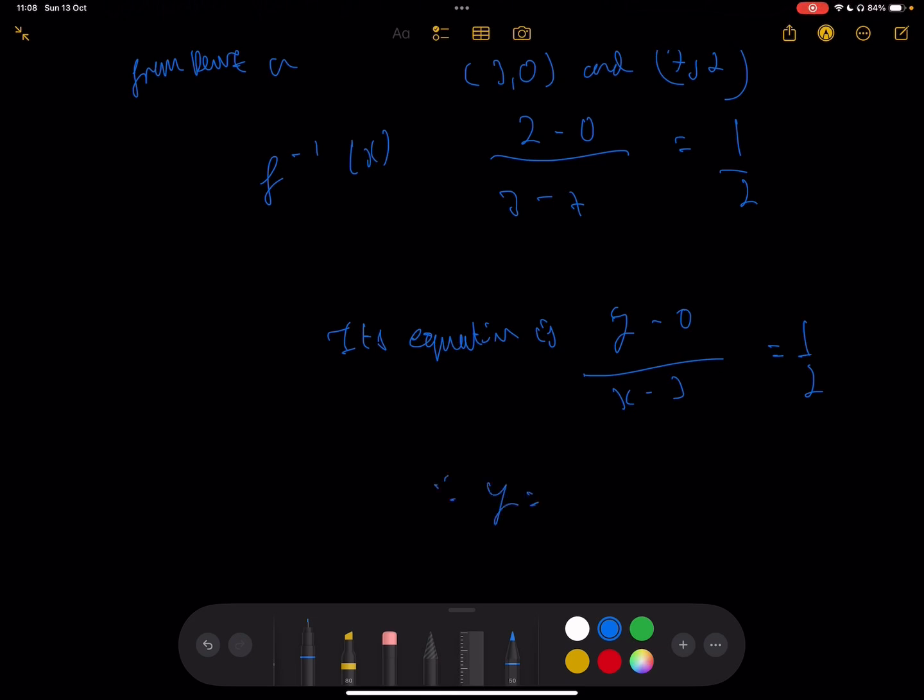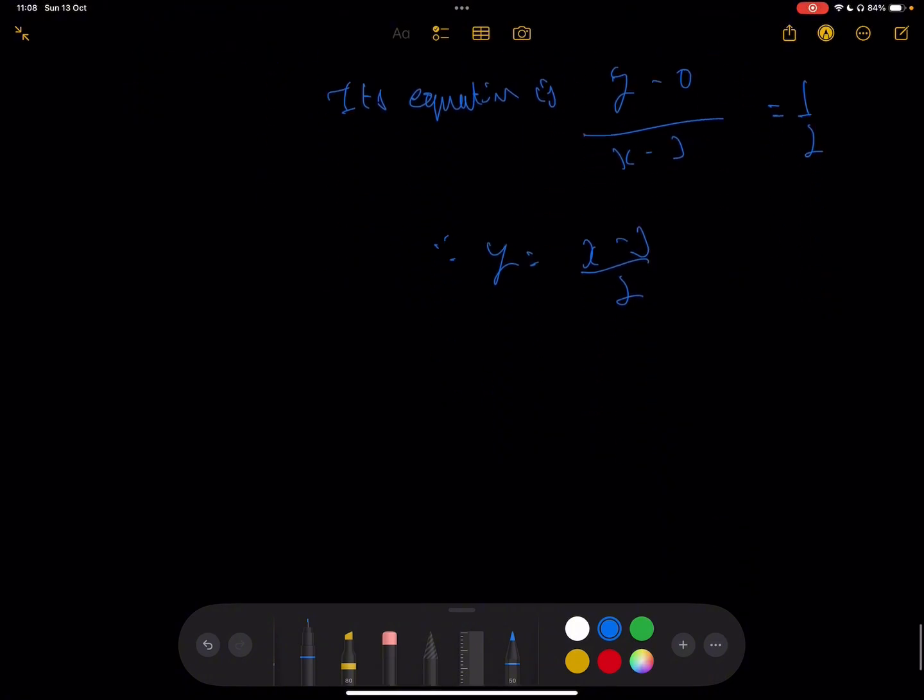Therefore, y is equal to x minus 3 over 2 by making y the subject, and hence the inverse function of f is equal to x minus 3 over 2.